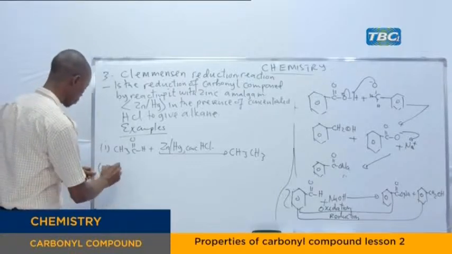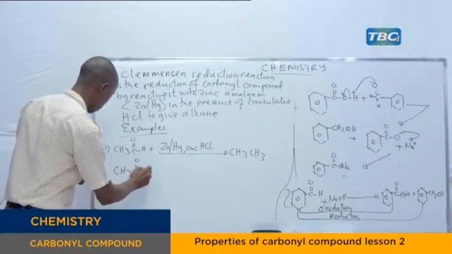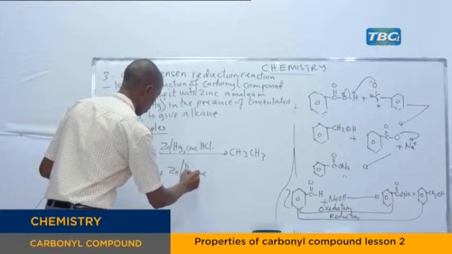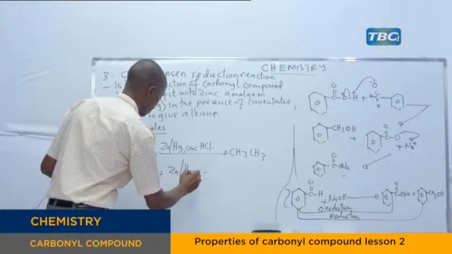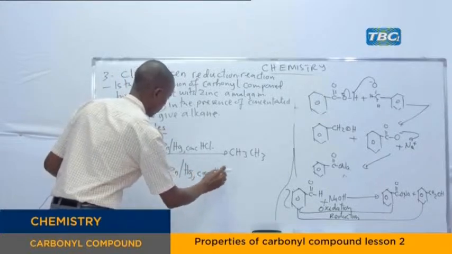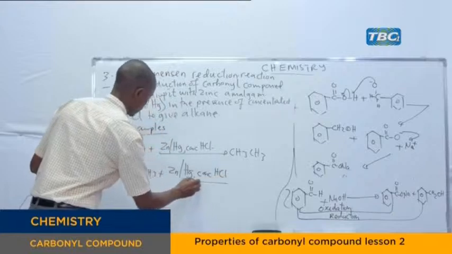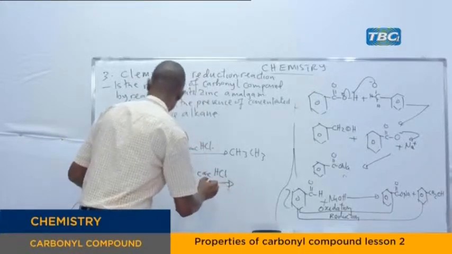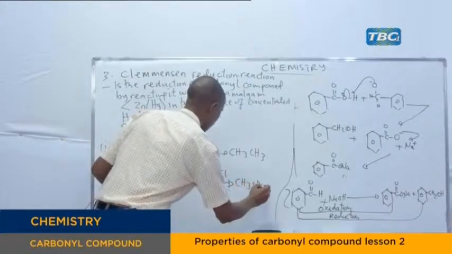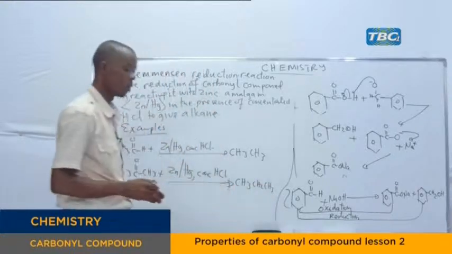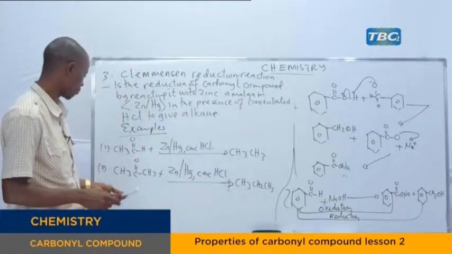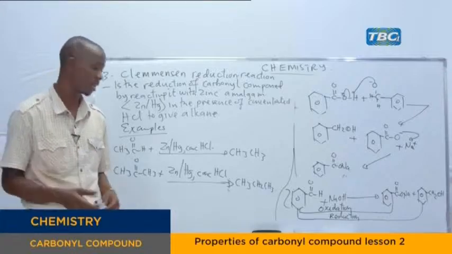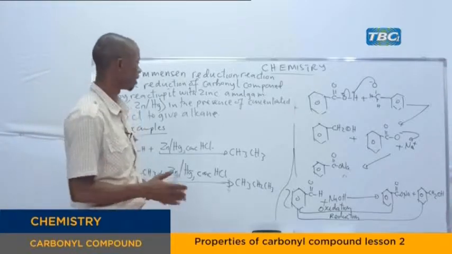Or if we give the example of a ketone, we are going to get an alkane, which is propane from this one. So you can see the number of carbon atoms is similar to the number of carbon atoms present in the carbonyl compound. So this is the Clemmensen reduction reaction.